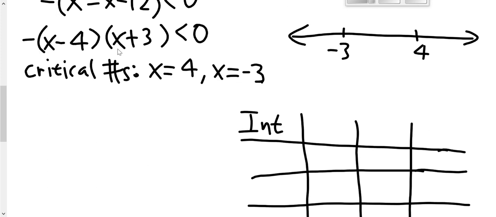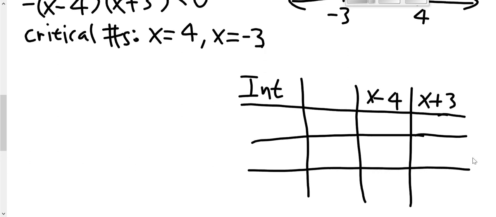So the factor here is x minus 4. Leave a column blank here. Another factor, x plus 3. I need one more column here for f of x, or for y, whatever you call it. f of x is fine. If you want to call that y, that's absolutely fine.